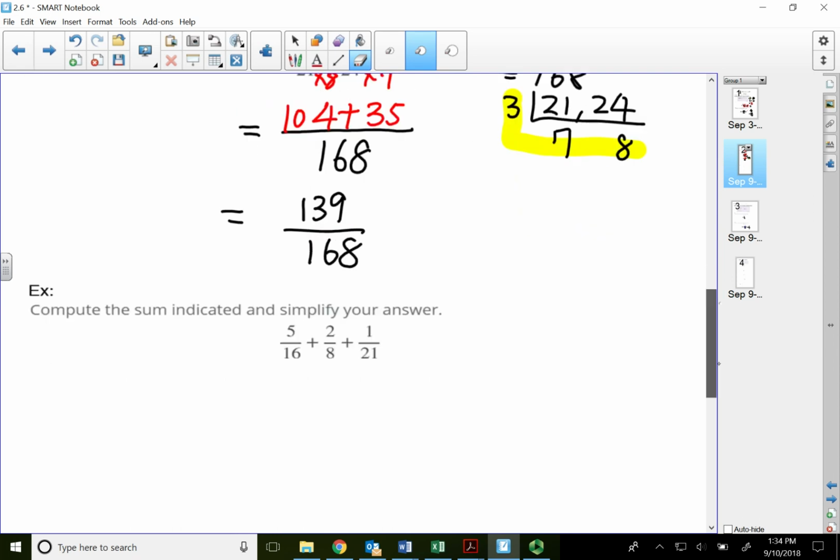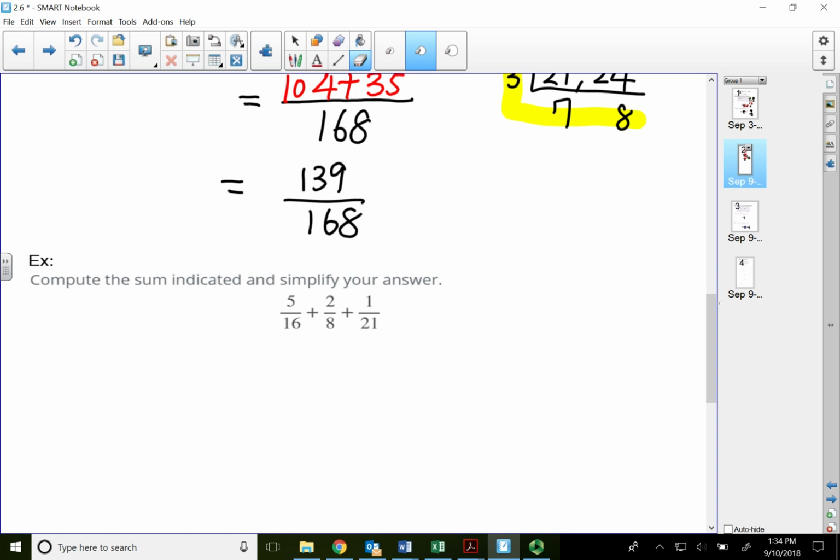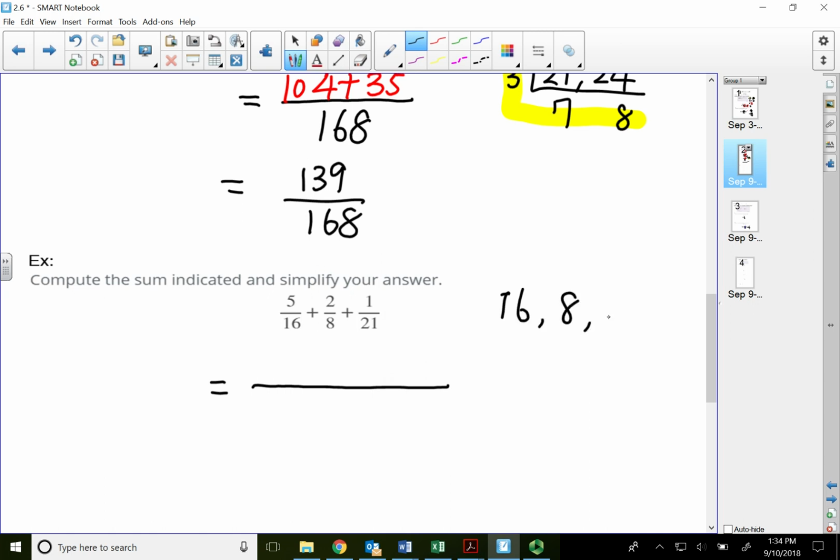All right, let's try another one. 16, 8, and 21. What do you think is my LCD? I'm just going to write one denominator here. On the outside, I'm going to find a number, any number that can go into all three of them, which I don't have, so I'm going to try any two of them.